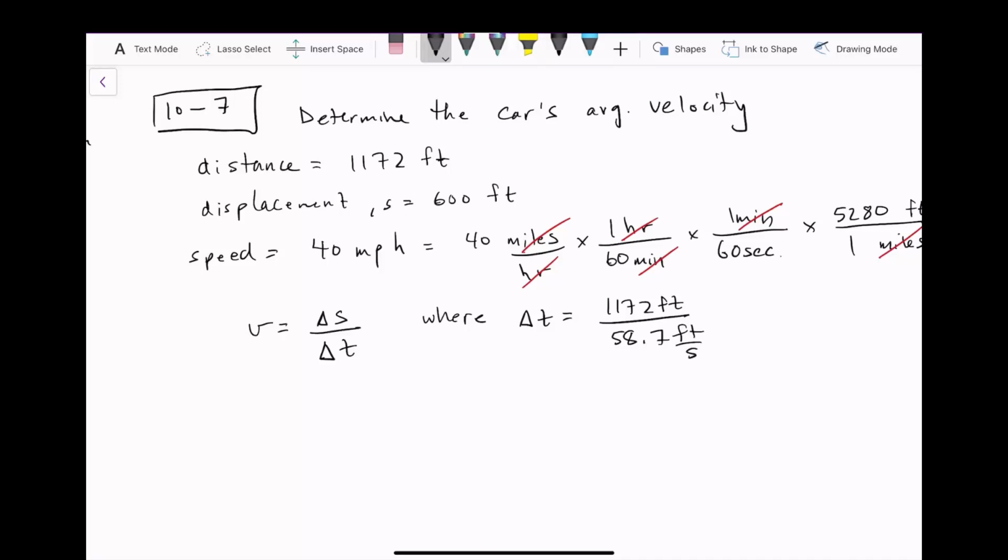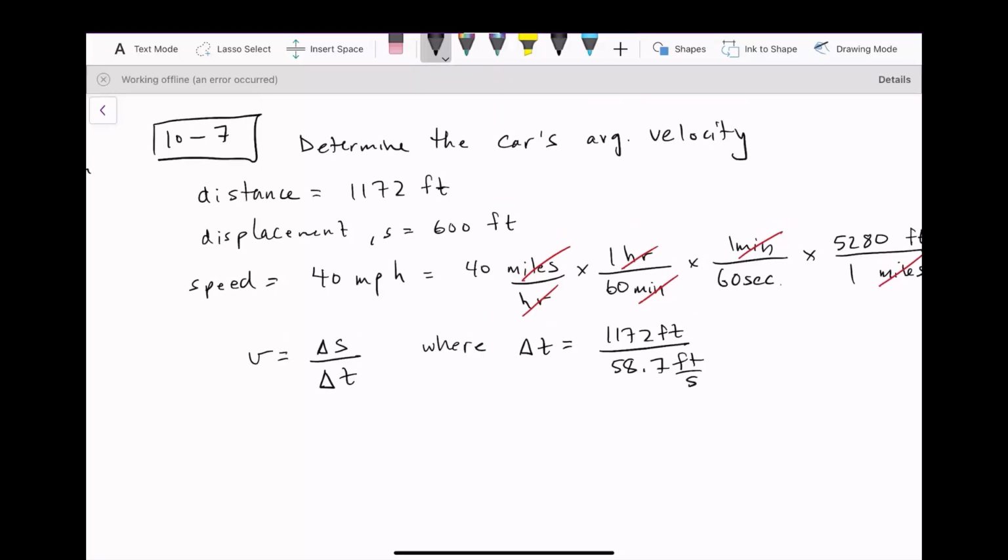And you know you're going to be left with a time just by looking at the units. That's why it's so important to write out your units. If you divide feet by feet per second, we're left with units of just seconds. And you can do that in this case because we're given two scalars, and those two scalars will help us determine the time. So that would be a total of 20 seconds.